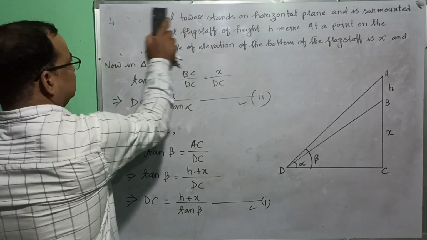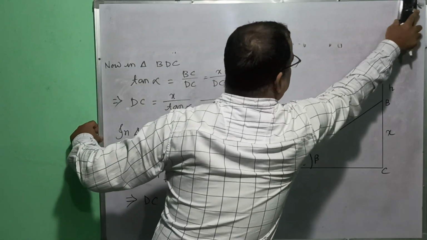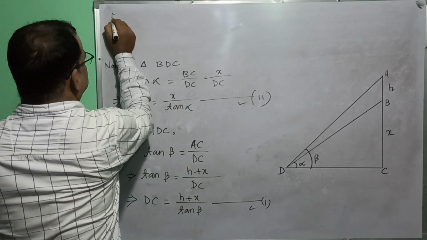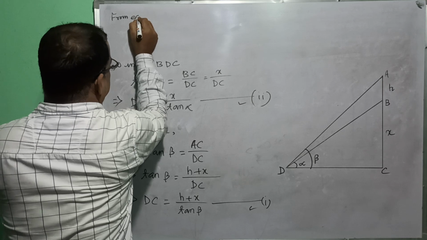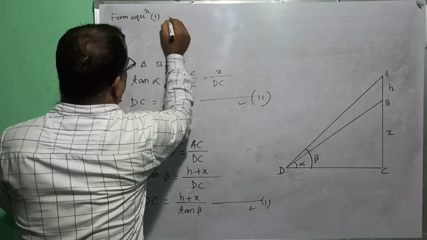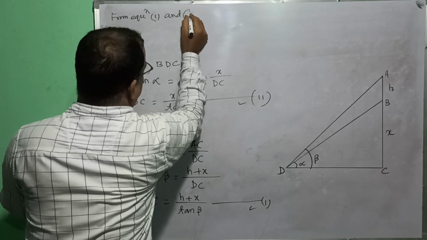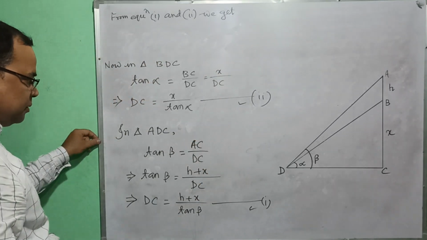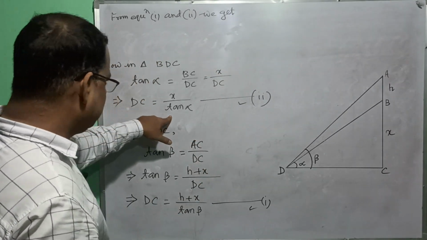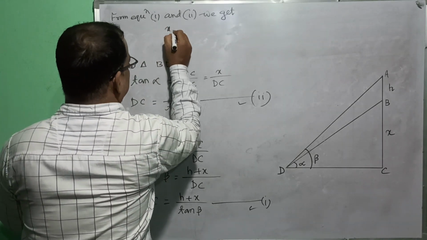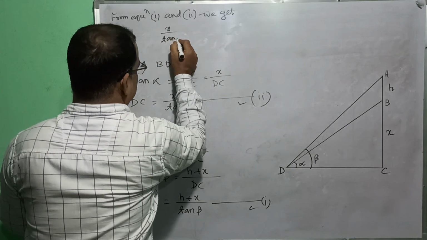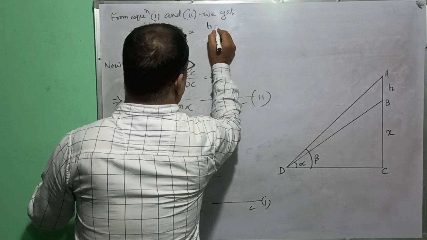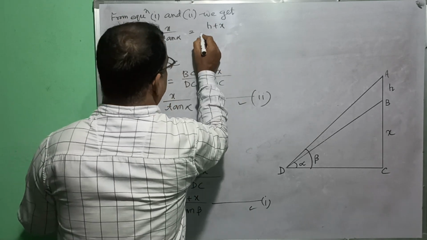So we'll write now, from equation 1 and 2 we can write x by tan alpha equal to h plus x divided by tan beta.